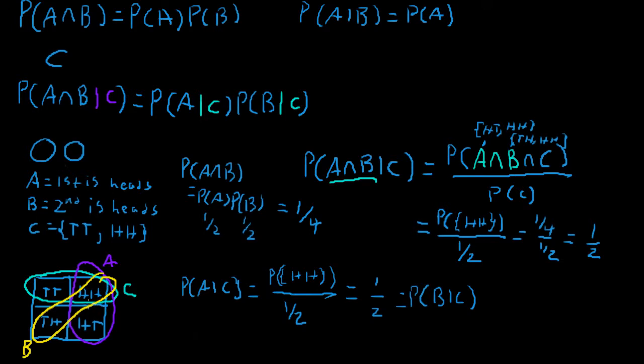So that you can see that the probability is a half, given that I'm in C, because this has half of the area, and this has half of the area. So we have two events that are independent, but if I condition on something, they're not independent.